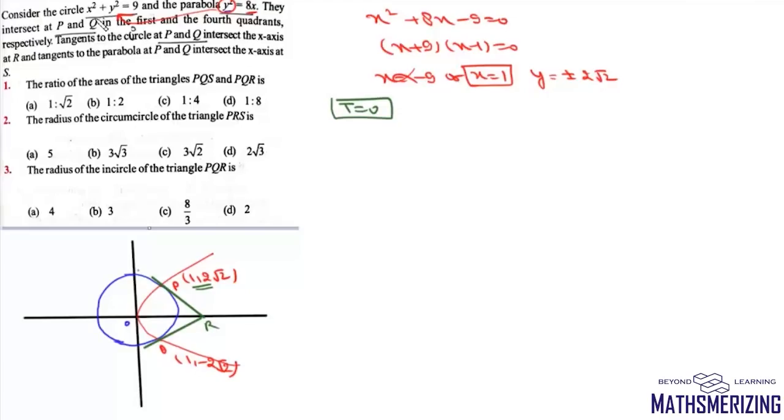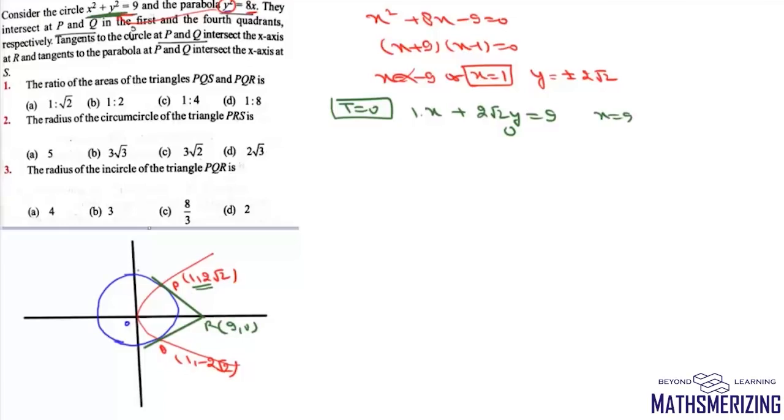For this circle, T equals 0 will be: in place of x, we'll write x into x1, in place of y, y into y1, and this equals 9. Now we need this point which lies on the x-axis, so I'll put y as 0. So I'll get x as 9. So this point R is 9 comma 0.